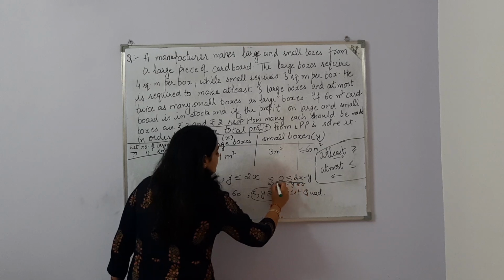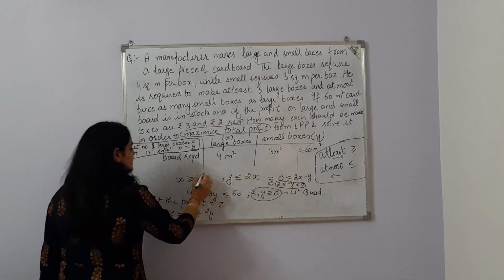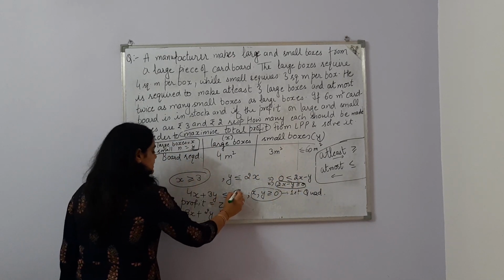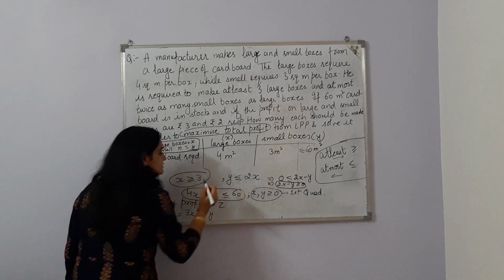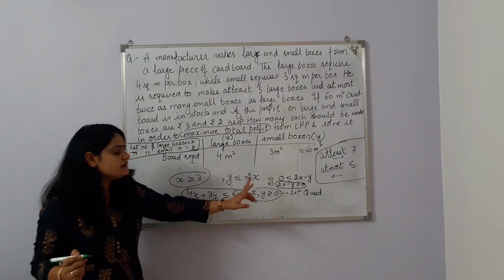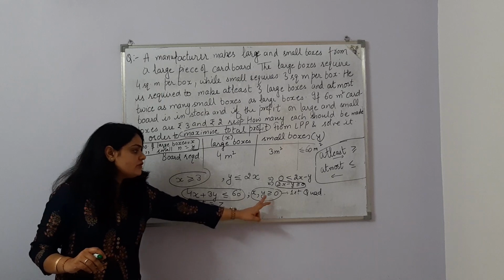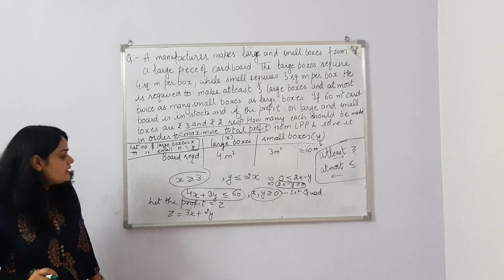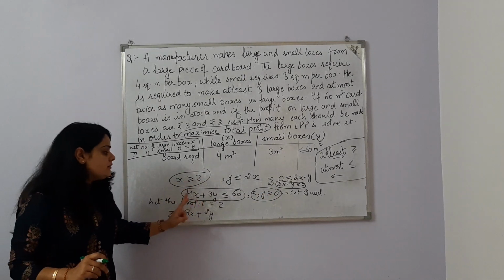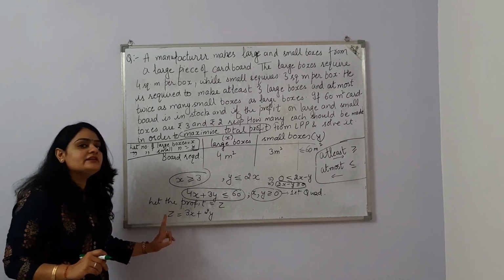Now we have one constraint, second constraint, and third constraint. These are the three constraints, and of course these two constraints are saying first quadrant. And this is the function z.